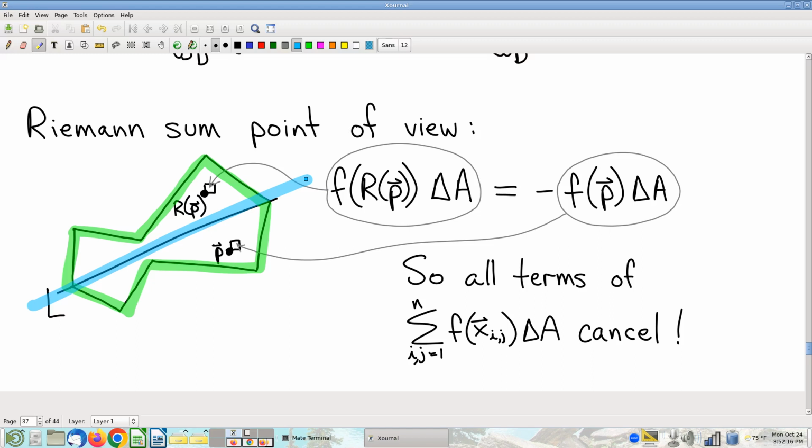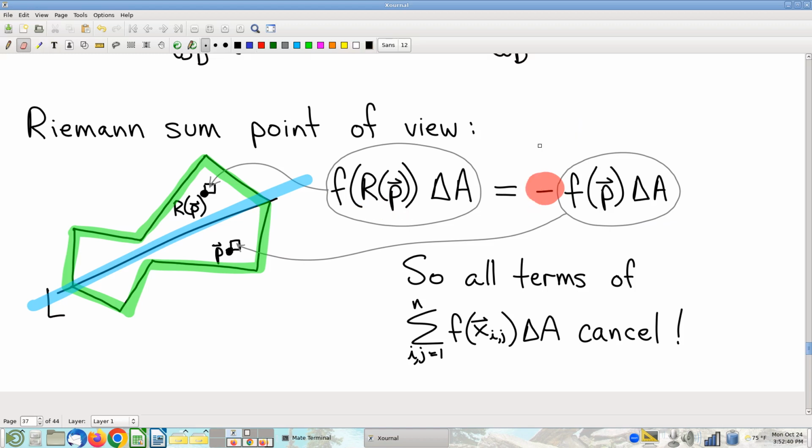And the big idea is, because of the symmetry of the shape, any term in the Riemann sum, any little piece that you would chop it up into, well, there's a corresponding reflected piece that's also in the domain because of the symmetry, right? And then furthermore, you get a minus sign on the value of the function because of the oddness of the integrand, right? Whenever you plug in a reflection, you get a minus sign.